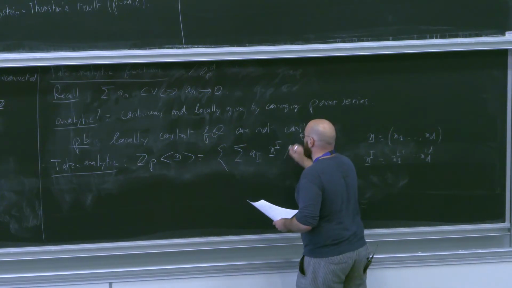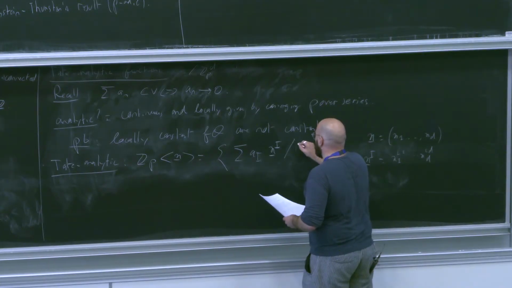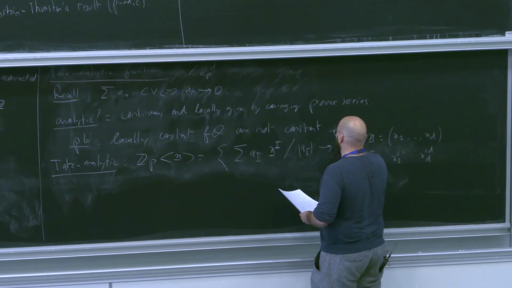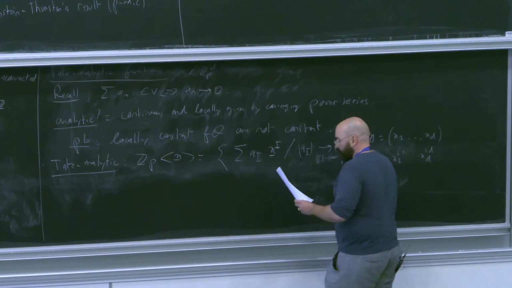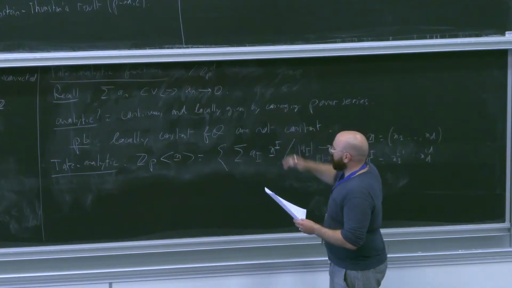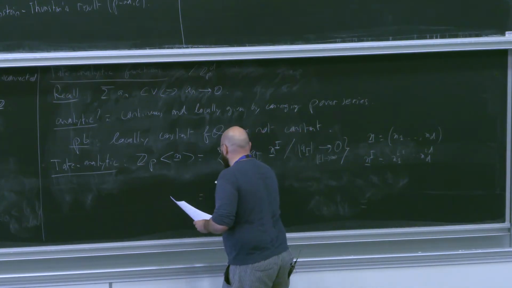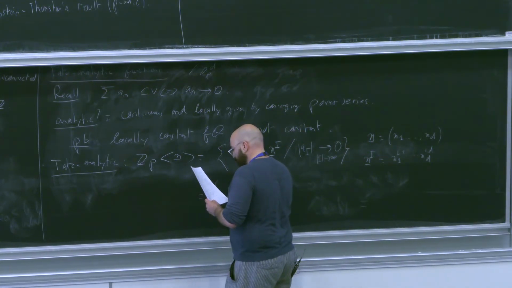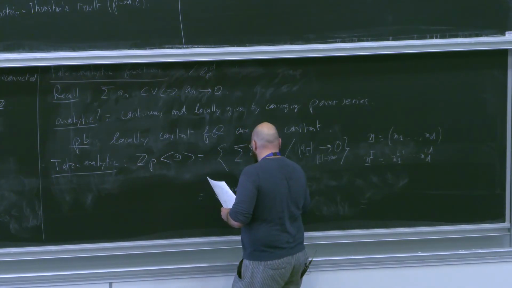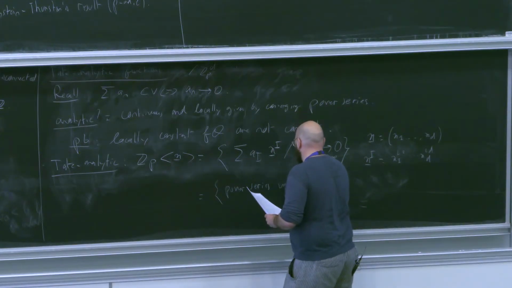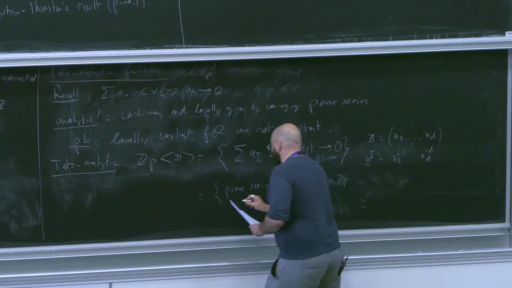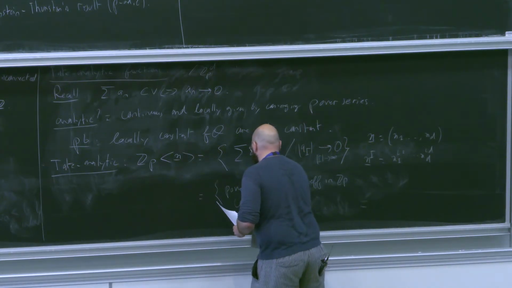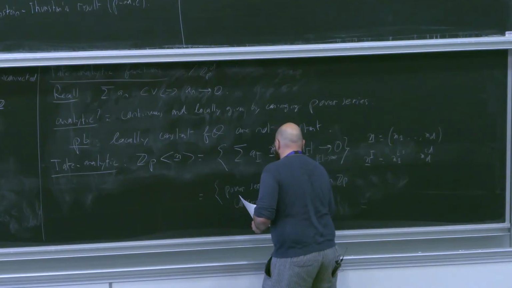I look at power series like that, such that the coefficient tends to 0 when I tends to infinity. Because of this characterization, this is the same as the set of power series with coefficients in Z_p converging over Z_p^d.